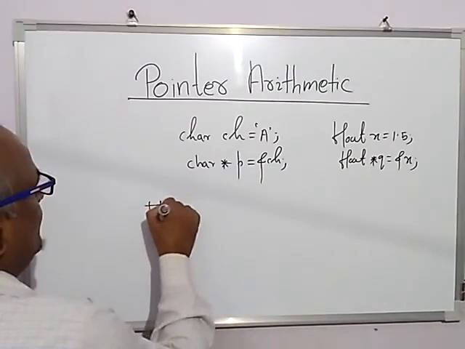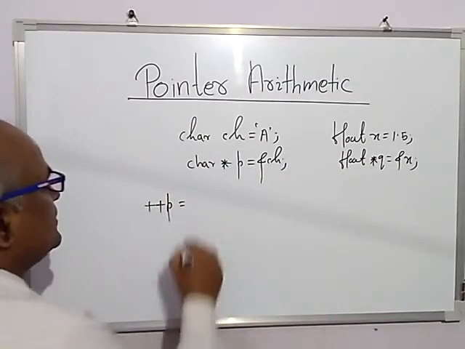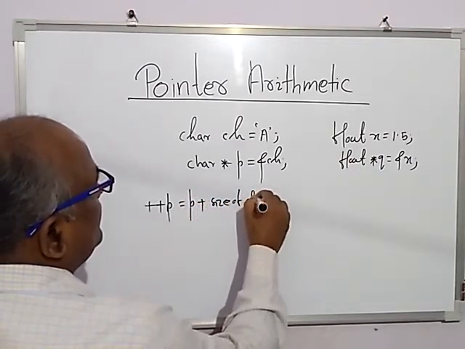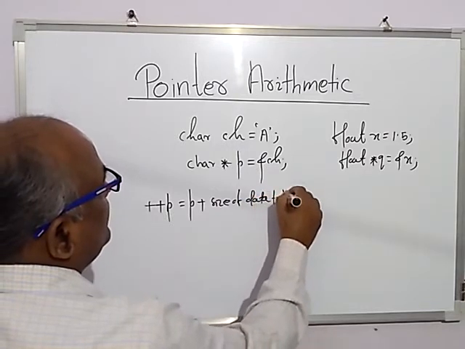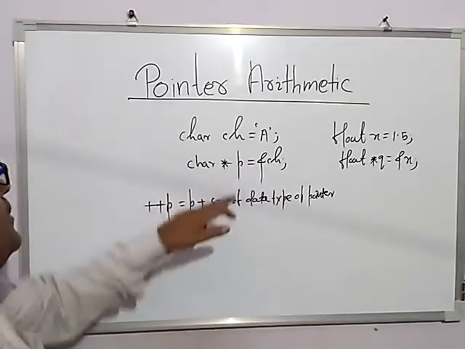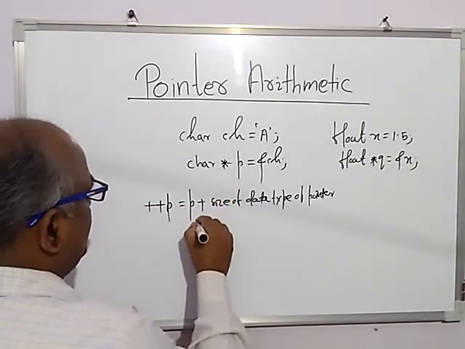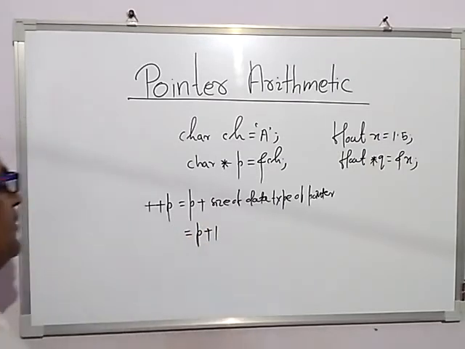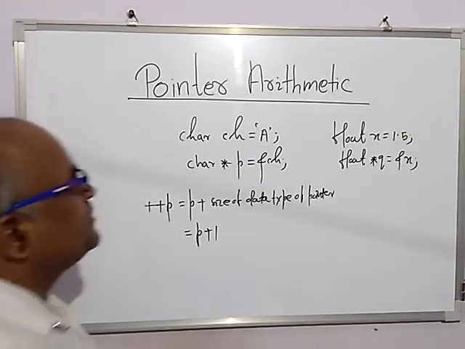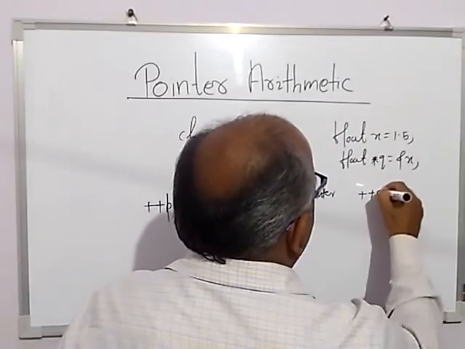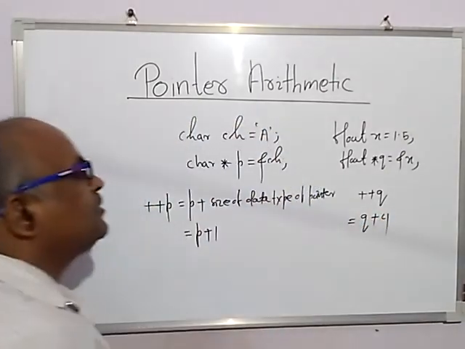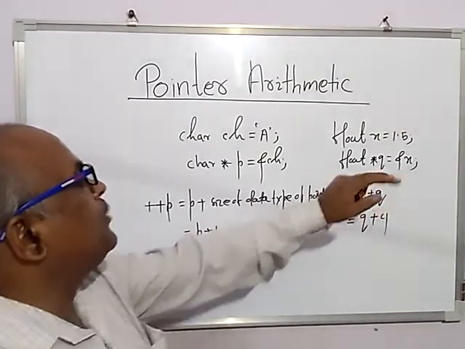If we write ++p, in this case p plus the size of the data type of the pointer. Now since p is a character type pointer, it becomes p + 1. That means p value plus 1, because the character type data size is 1 byte. Similarly, if we write ++q or q++, that is equal to q + 4, because here the pointer is floating type.